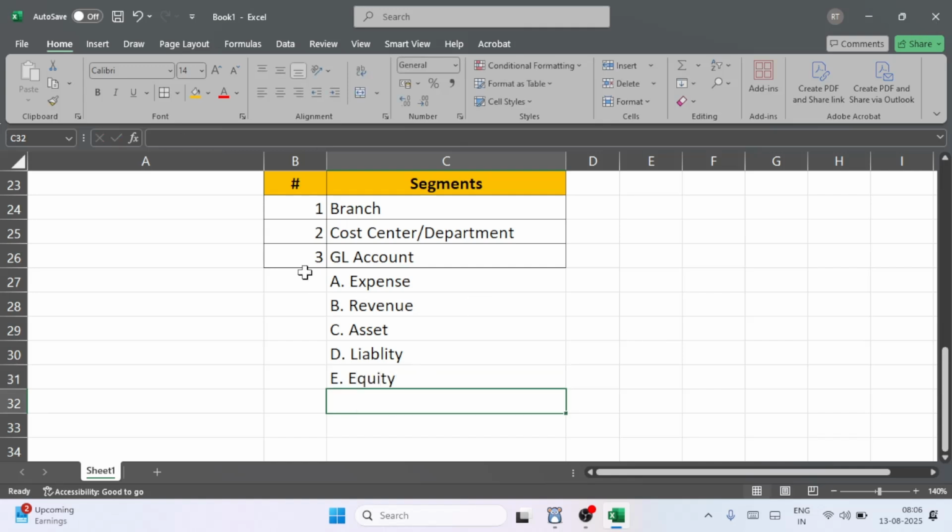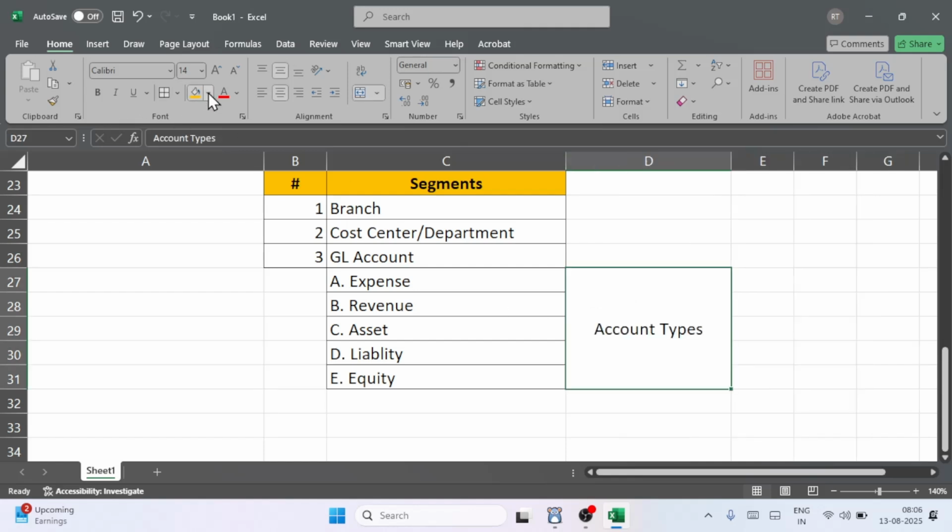It can be any one of these, and these are called account types. So whenever you are entering or booking a journal, you are using three dimensions.